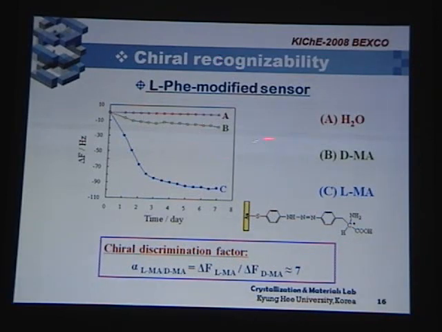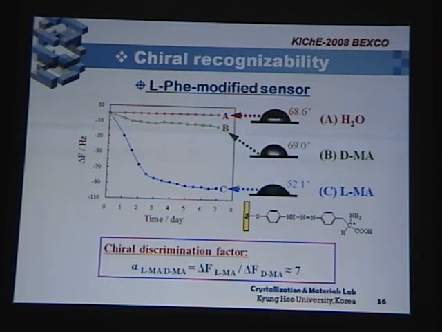We also detected the contact angle after the VDMA reaction. For water and D-mandelic acid, there are no distinct changes on the surface. However, for L-mandelic acid, after the VDMA reaction, the contact angle decreased about 60 degrees, meaning that the hydrophilicity increased on the sensor surface.